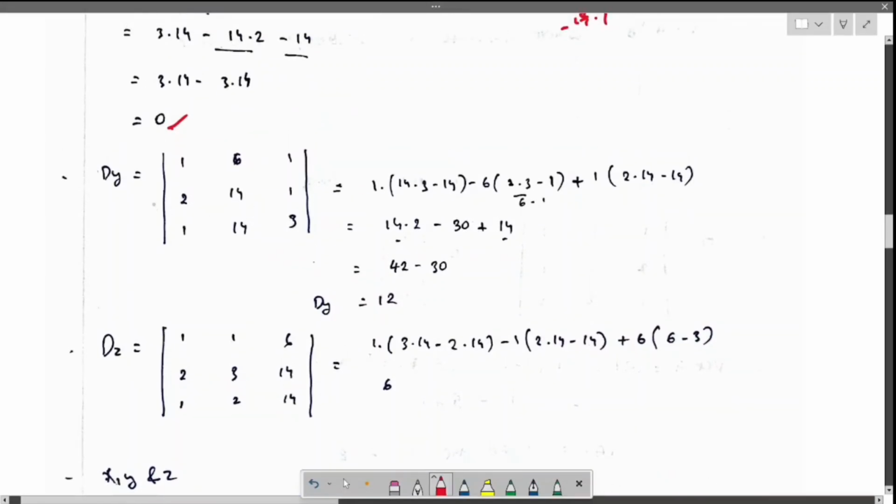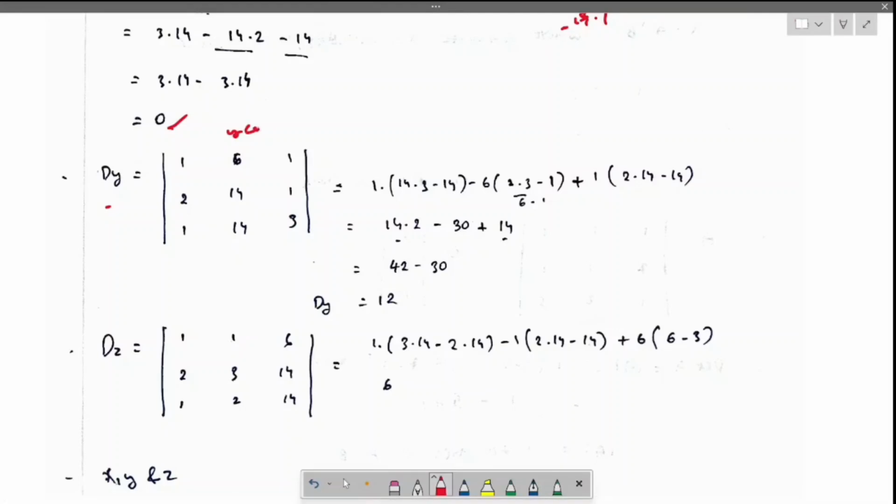Let us go for Dy. For Dy, replace the y coefficients with the constants and find the determinant. Then you will get Dy as 12. Same way, replace the z coefficients with the constants, then find the determinant of Dz. You will get 6.